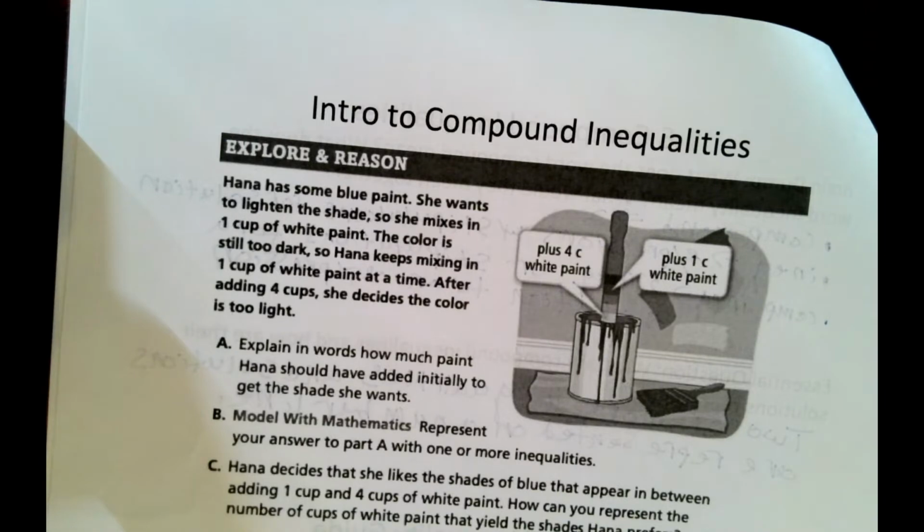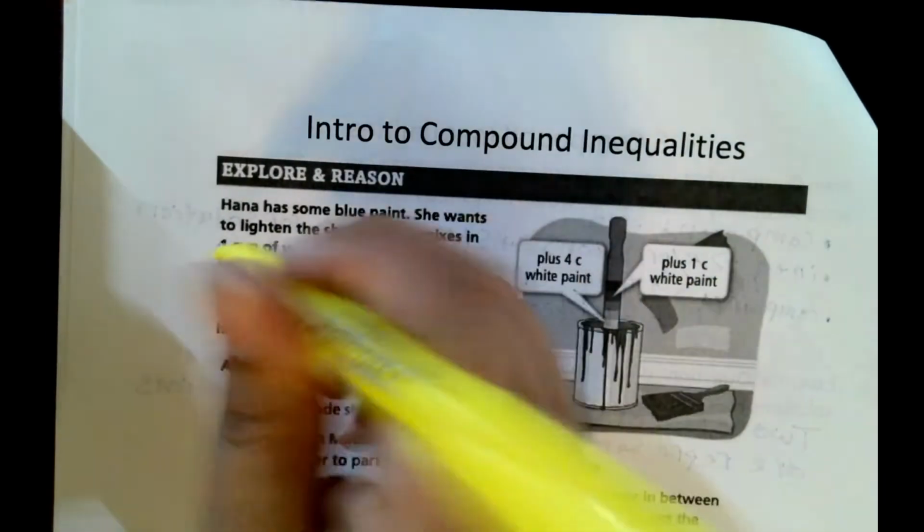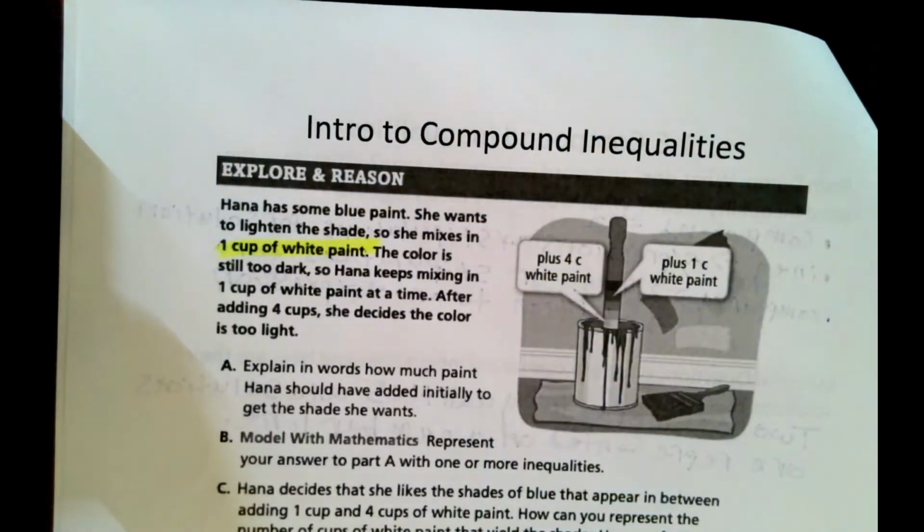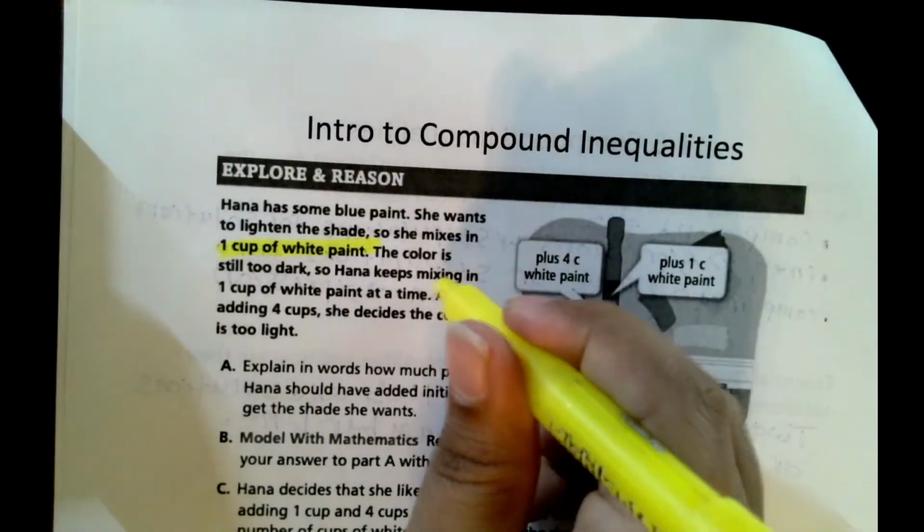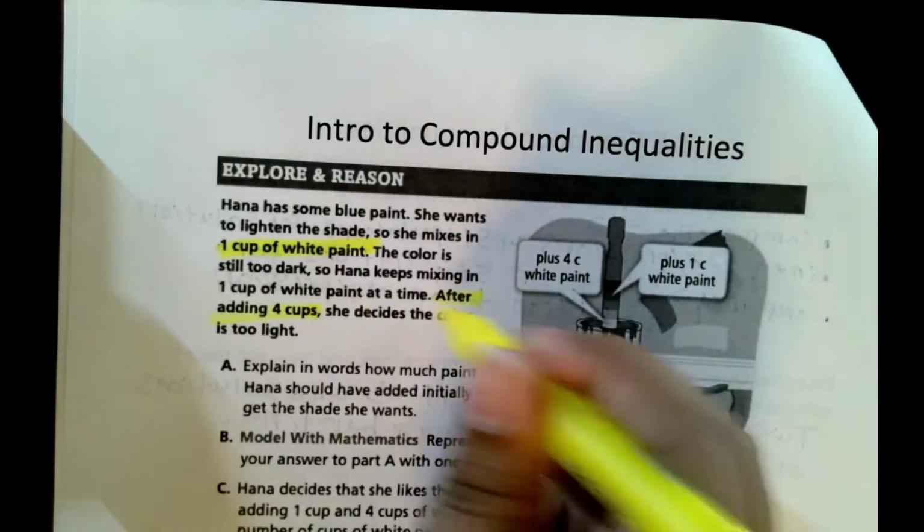The color's still too dark, so Hannah keeps mixing in 1 cup of white paint at a time. Well, after she adds 4, she decides that it's too light for her. So first things first, she's adding in 1 cup of paint each time. And after 4 cups, too light. After 1 cup, still too dark.